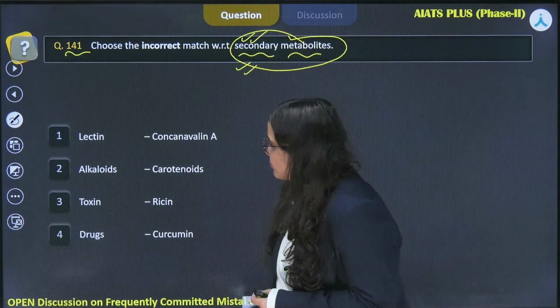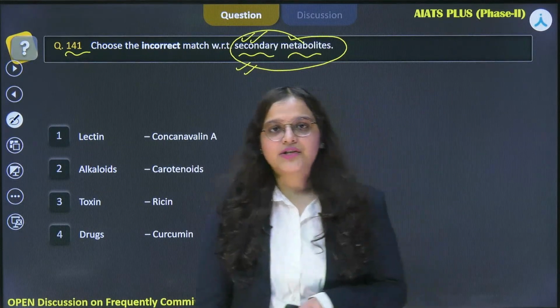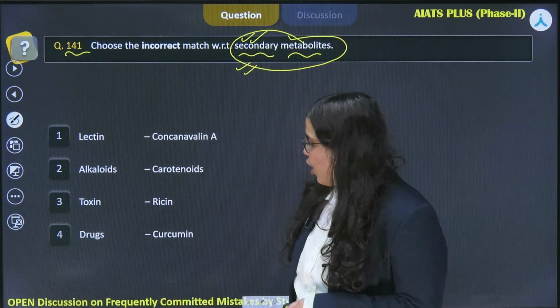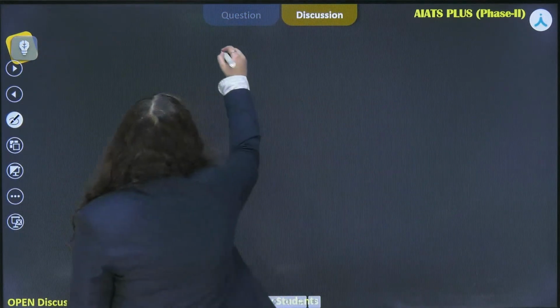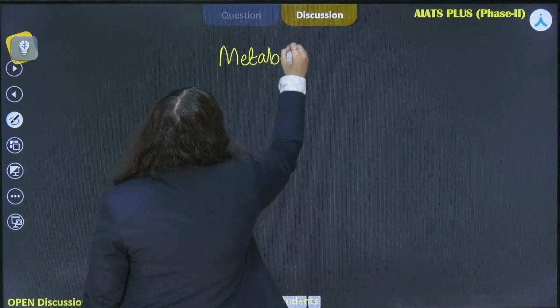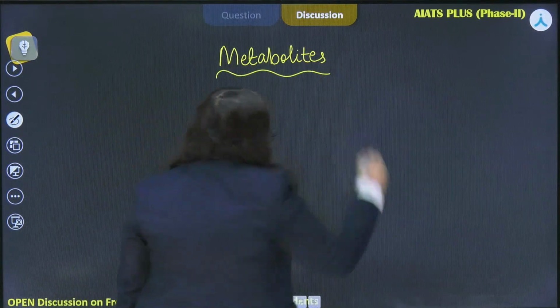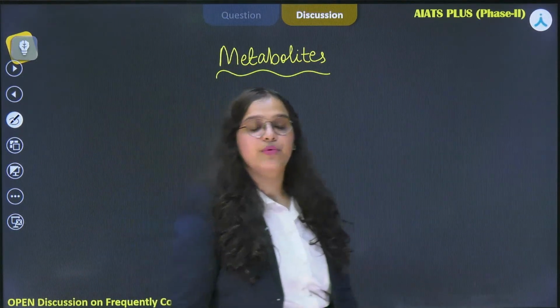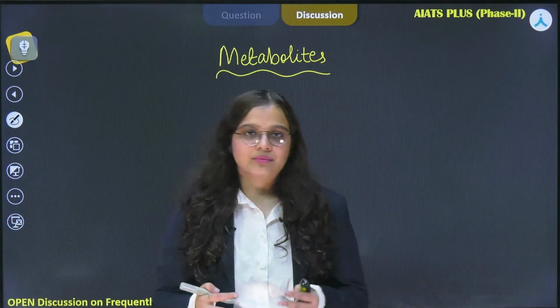All right. So basically I can see that we need to choose the incorrect match among the given options. Okay. So let us quickly revise the concepts of metabolites. So metabolites are basically formed in our body due to various metabolic processes that are occurring, like breakdown of food, okay.